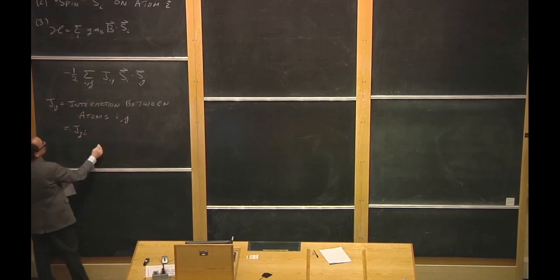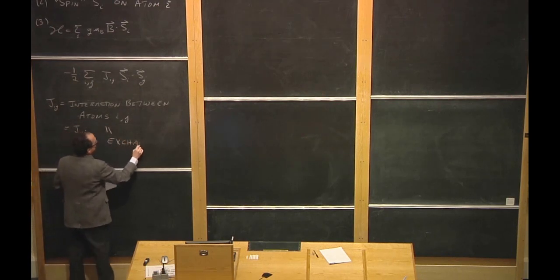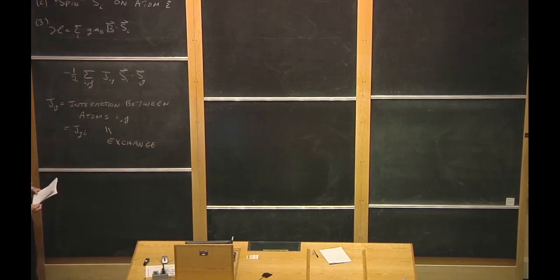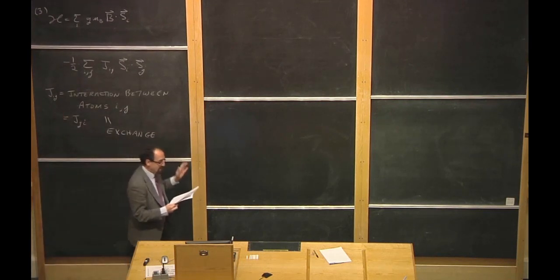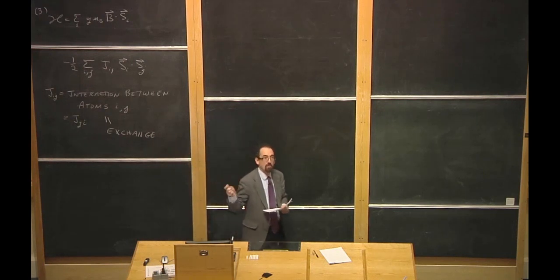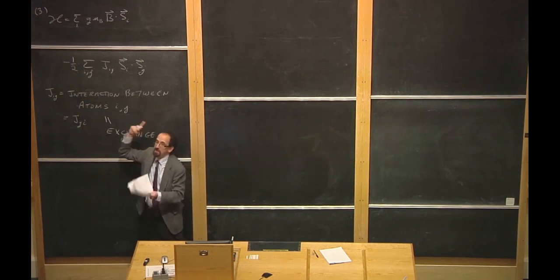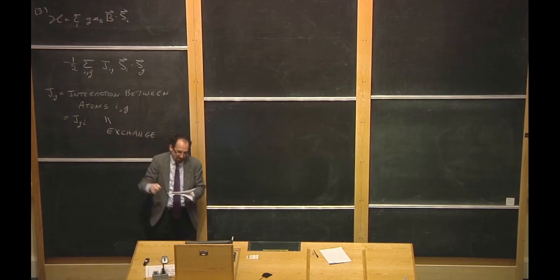This is also known as the exchange constant. This is how the word exchange is used in condensed matter physics most of the time. And the factor of 1/2 is put in there to prevent overcounting. We want J_12 to be the interaction between atom 1 and 2. But in that sum, there will be a term S_1 dot S_2 and another term which is S_2 dot S_1. We don't want to overcount them, so we just put a 1/2 out front.